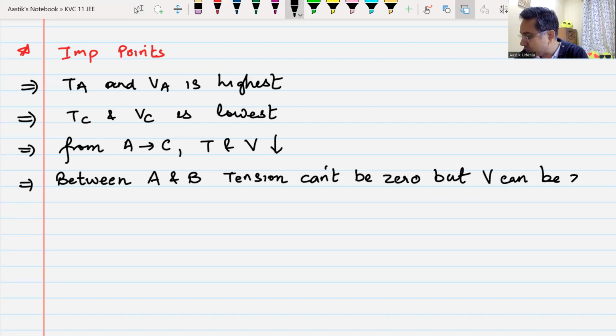So if I don't give it sufficient velocity, it will start from A, go up till a certain point and then come back. So tension cannot become zero, but velocity can become zero. Simple pendulum. This is what happens, right? Velocity becomes zero, it comes back. Do we understand this? Yes or no?